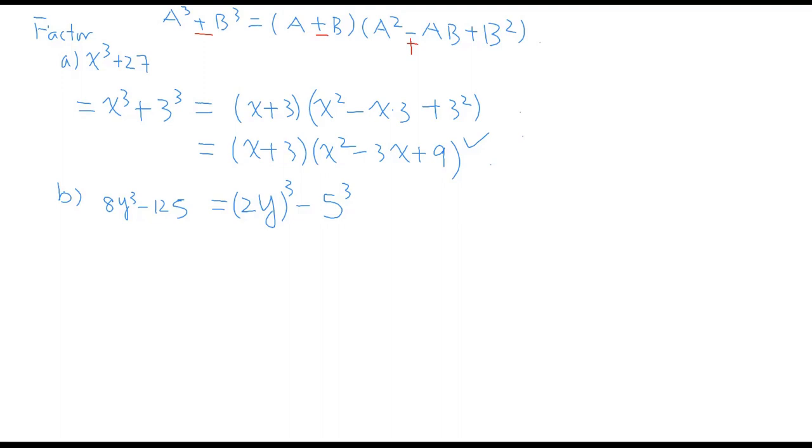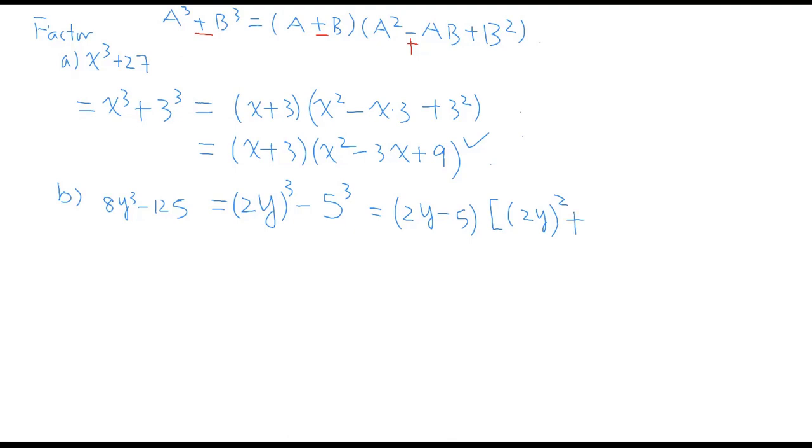So this is a minus b, that is 2y minus 5, and then a squared. Don't forget to group this 2 and y, both squared.